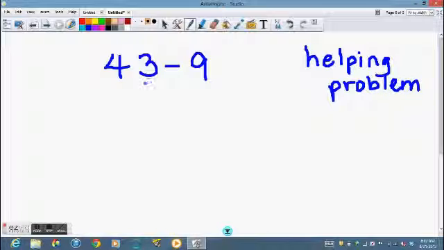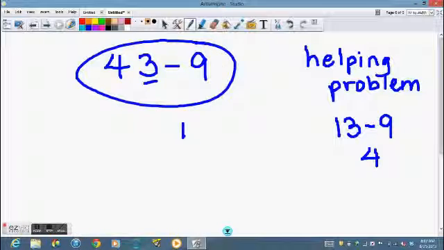And we know that's 4. So my answer then to this problem is going to have a 4 in it, and then this number comes down by 1, so it becomes a 3. It gets reduced to 3. So the answer is 34. So try to use that in some of your problems, and the more you use that, the easier it will get.